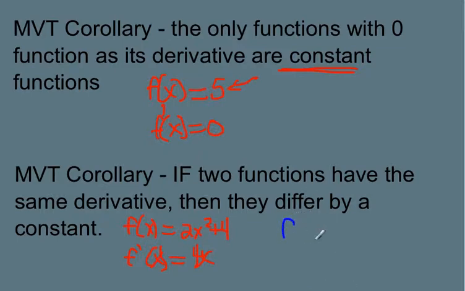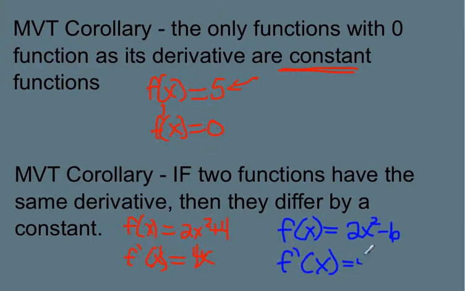So I'll say f of x is equal to 2x squared minus 6. The derivative of this is 4x. Both of these are different functions, and they differ by a constant. This derivative is 4x, that derivative is 4x, but the constant is different. The only thing that's different about the functions is the constant, but the derivatives are the same.